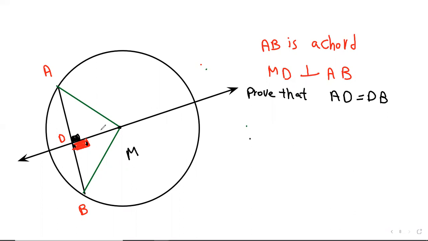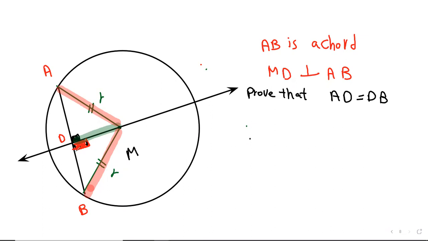And the two triangles here are congruent. Do you know why? Because MA is a radius and MB is a radius, and MD is a common side. So we have two equal radii, and the radius here is a hypotenuse in the triangle. MA is a hypotenuse in this triangle, and MB is a hypotenuse in this triangle.